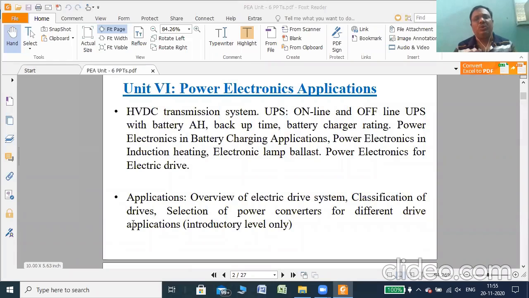In the first unit we saw the devices, their characteristics, and protections.